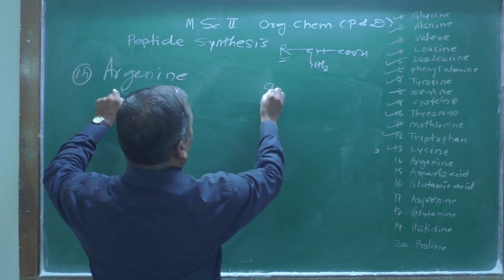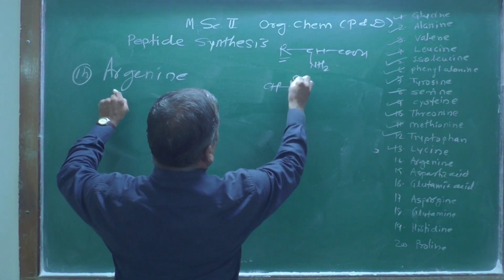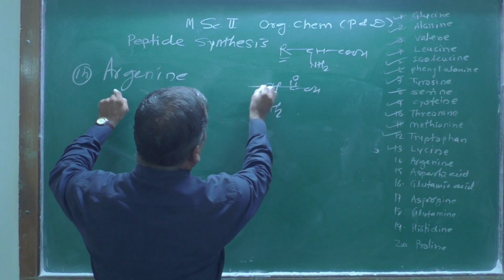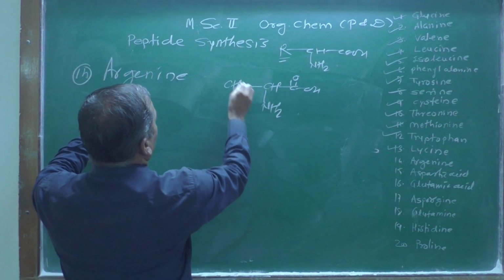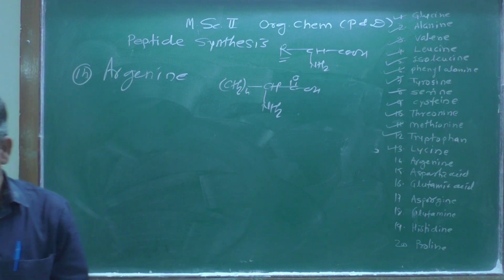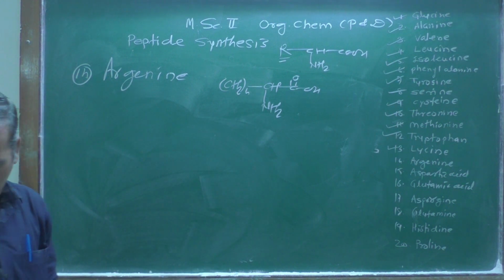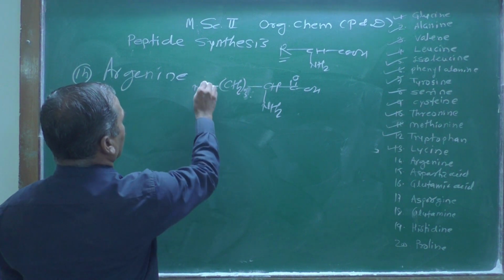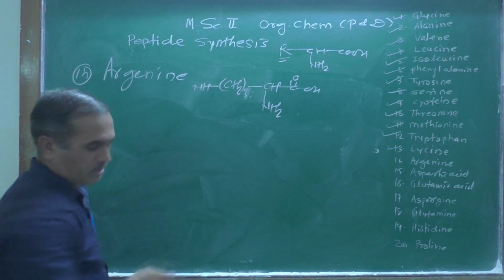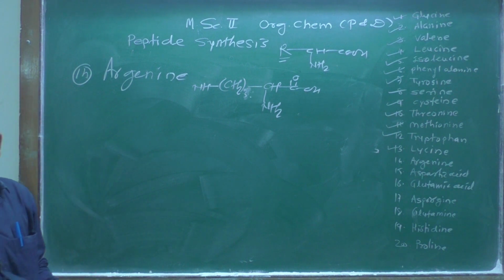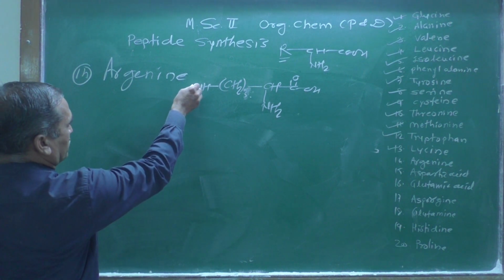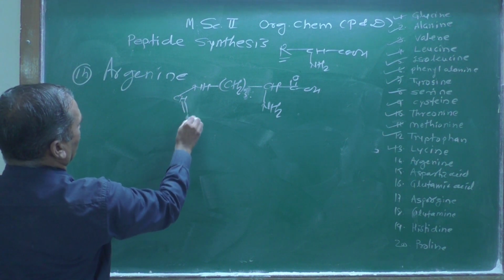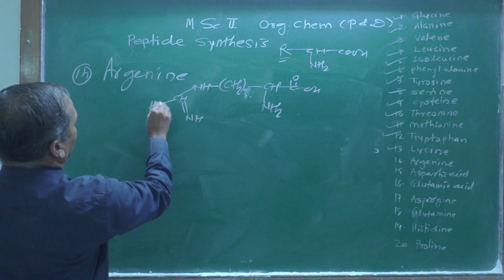Here, as we know, CH, then C double bond O, OH, and this NH2, and this further attached to CH2, not four times, three times, and then NH further attached with this CH double bond NH and the H2N.